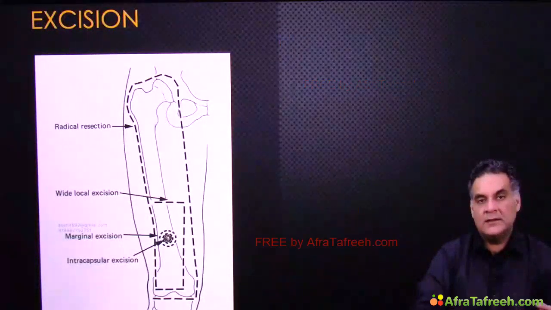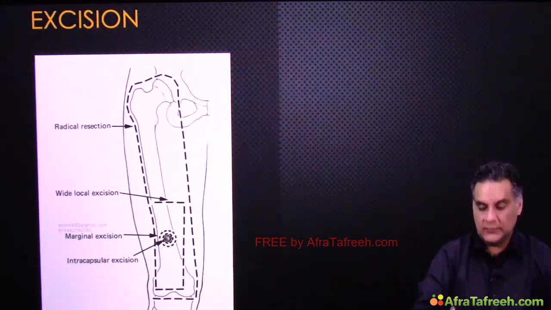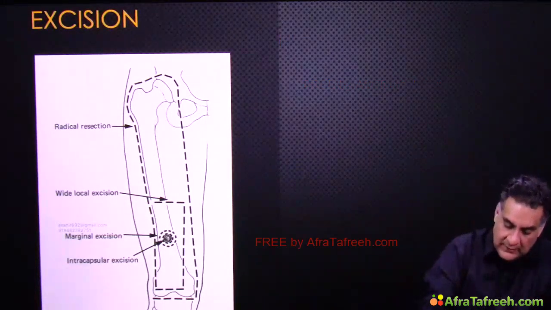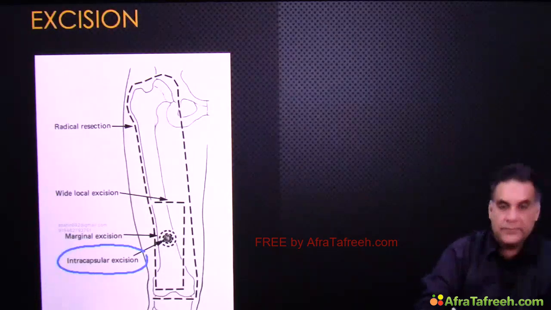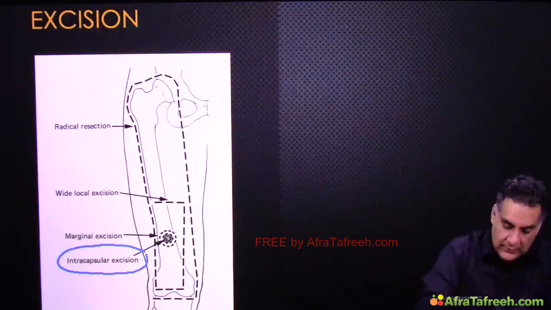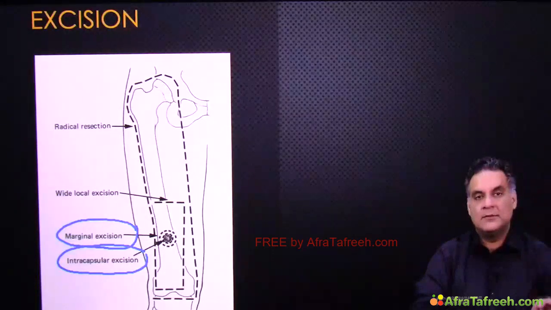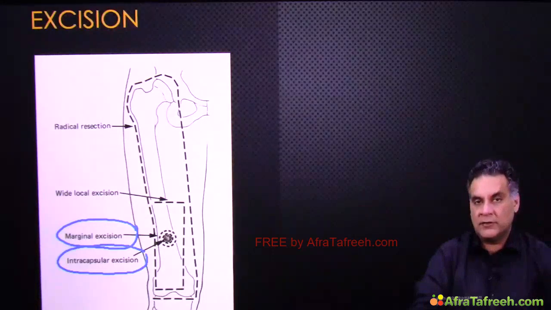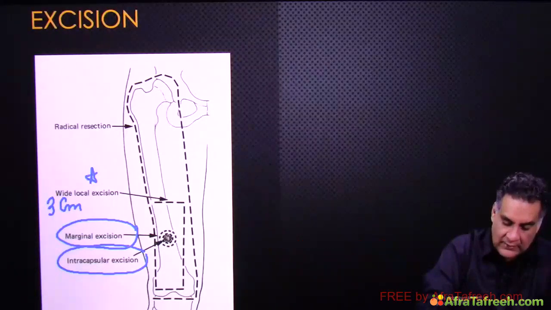When you are doing the other surgical procedures, you can remove the tumor right from the center, intracapsular excision. You can remove the tumor from the pseudocapsule, marginal excision. You can remove the tumor with a normal cuff of tissue all around, usually 3 centimeter in orthopedics, wide local excision.